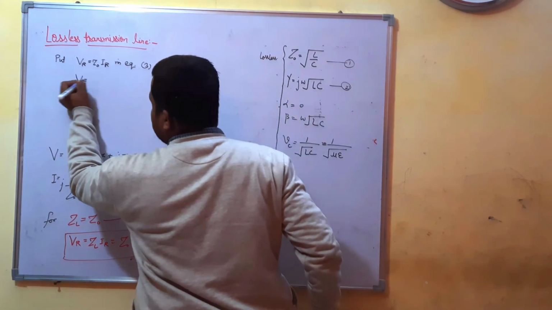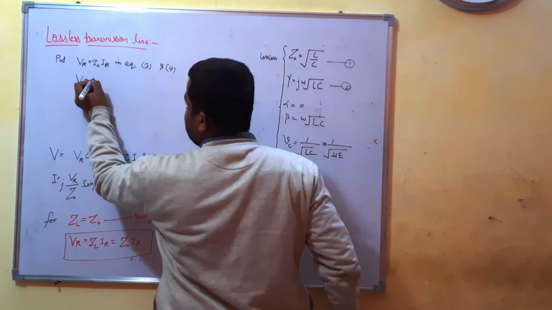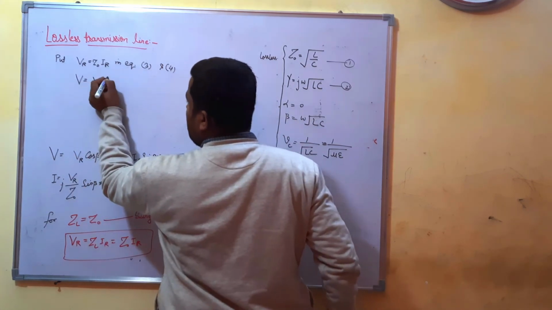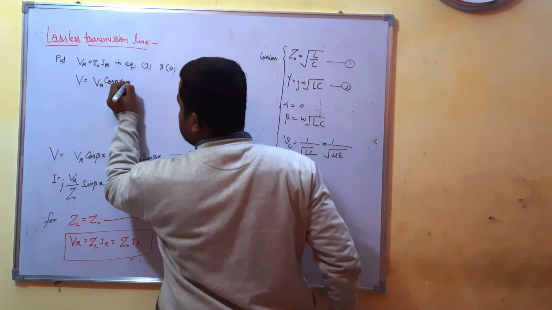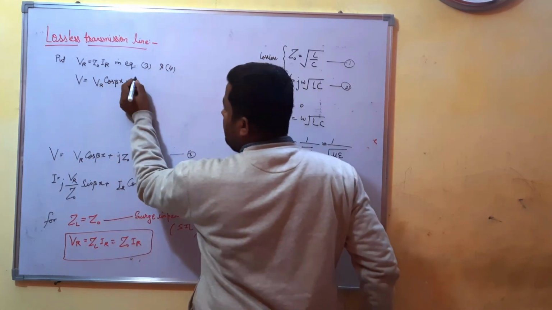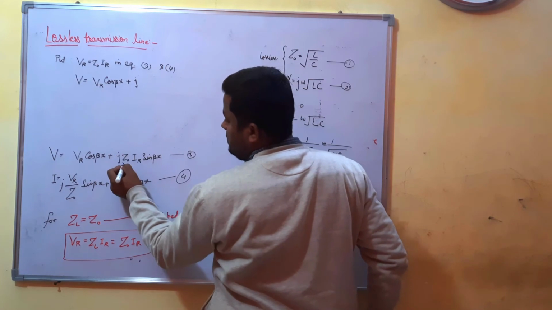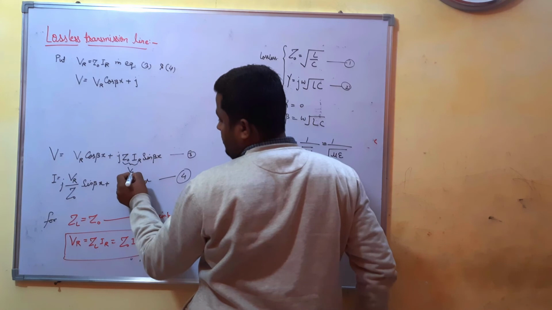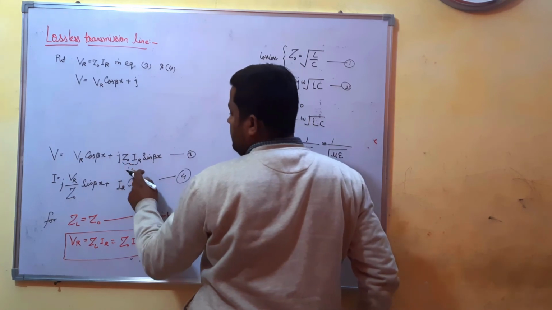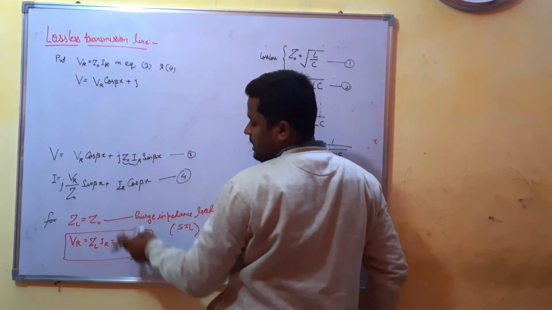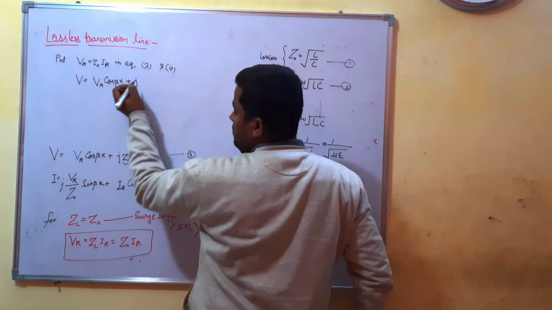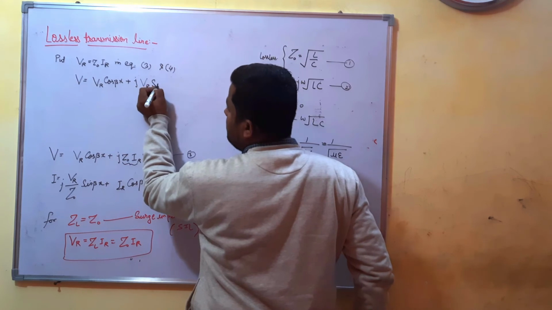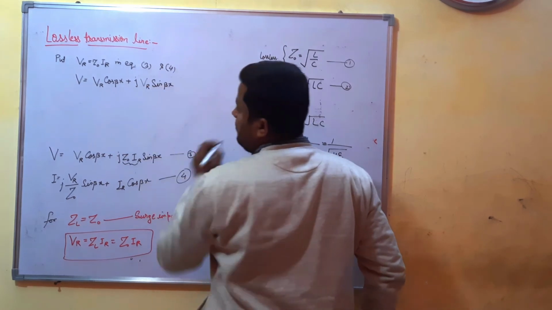So V becomes VR cos beta x plus j, and Z0 IR becomes VR, so this can be written as j VR sin beta x.